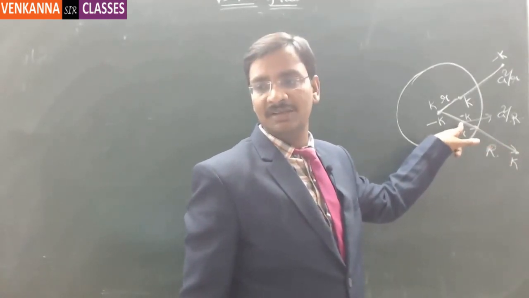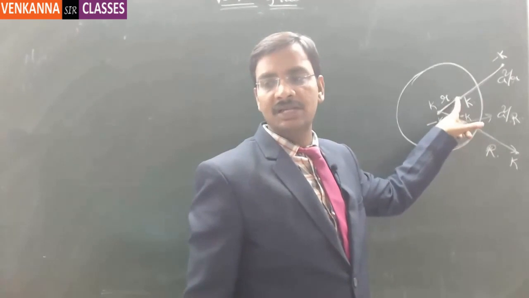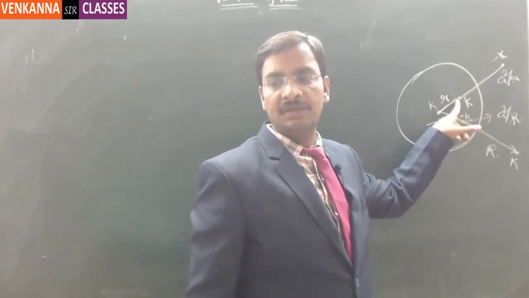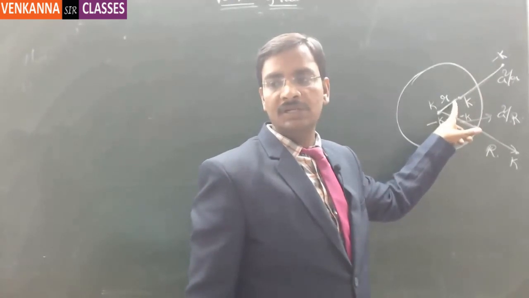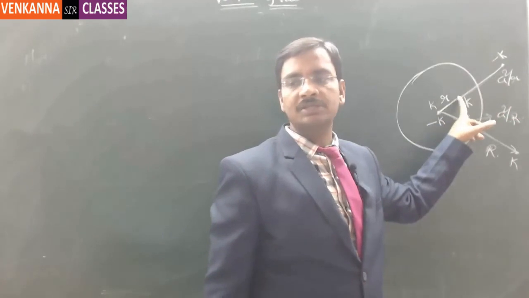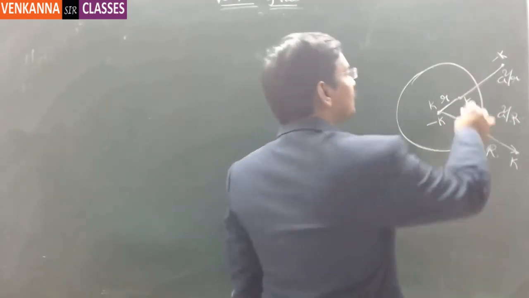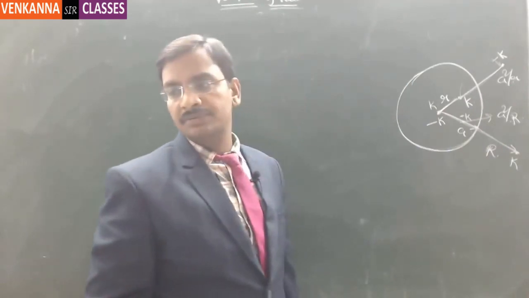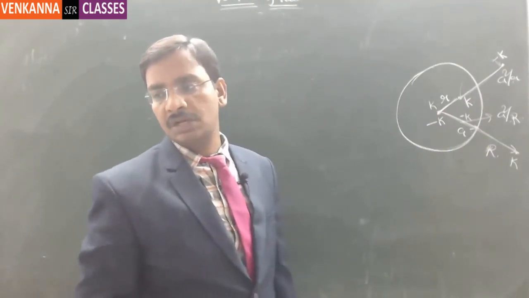That's why it will be inside. Suppose the value is less than the cylinder radius, then a squared by r gives a value which is more than a. That's why it will be outside. So this is what we call the image location of the circular cylinder. Got it? Understood or not?